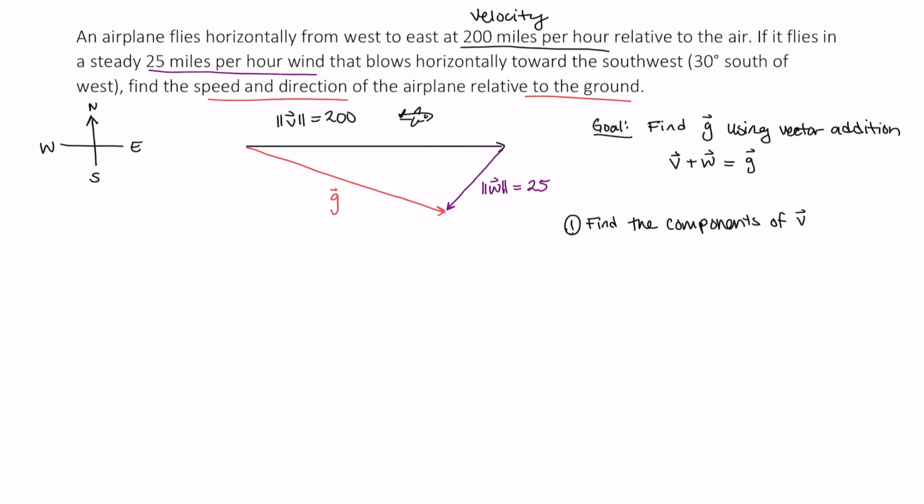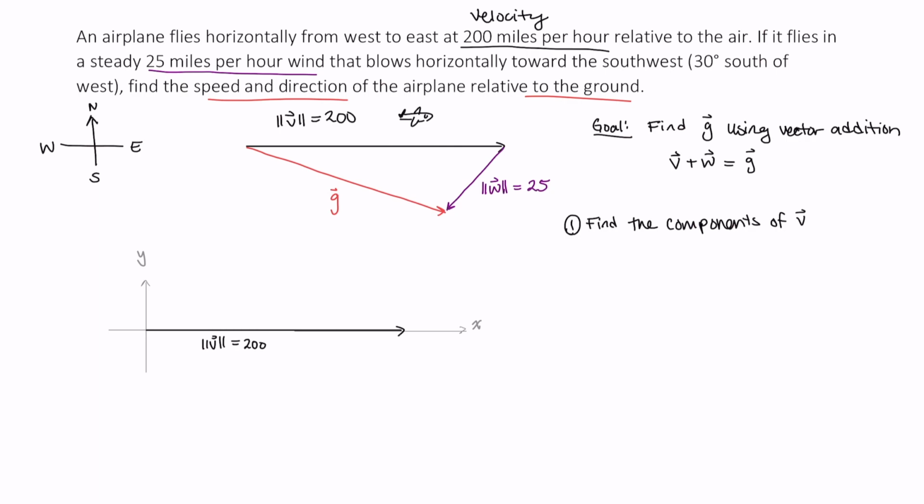To do so, I'm going to draw a really light axis. This is the x-axis, this is the y-axis. If I put this vector v on this axis, I know that the magnitude of this vector v is equal to 200.